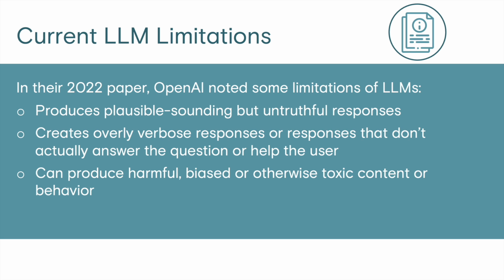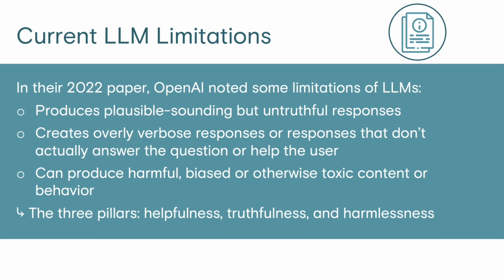An AI model should not be trained to suggest or cause physical, psychological, or social harm to people or the environment. This leads us to what we call the three pillars that we want to align the models to: helpfulness, truthfulness, and harmlessness. This is where human reinforcement comes in.